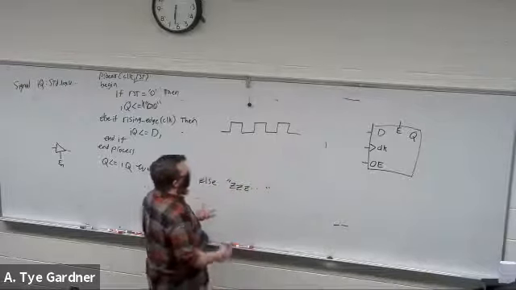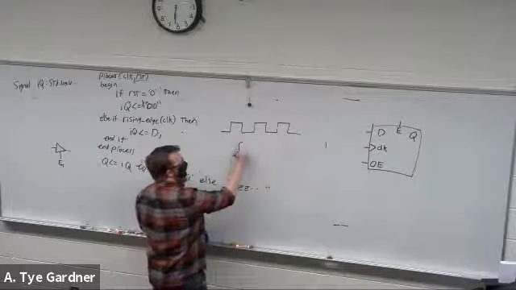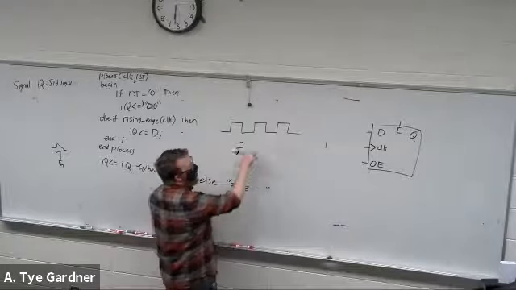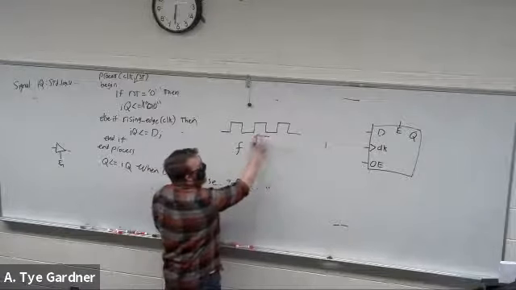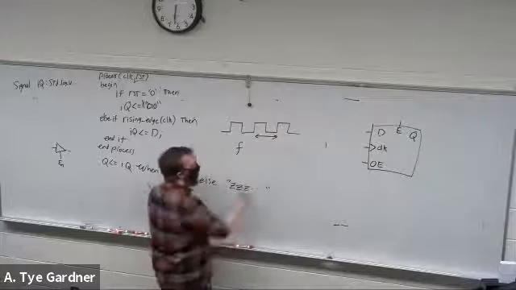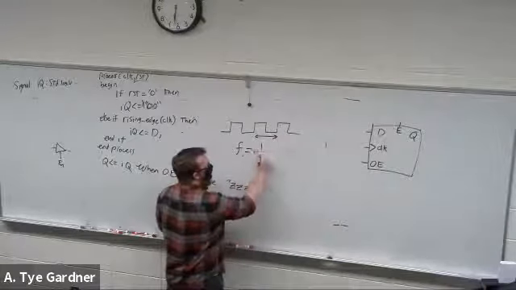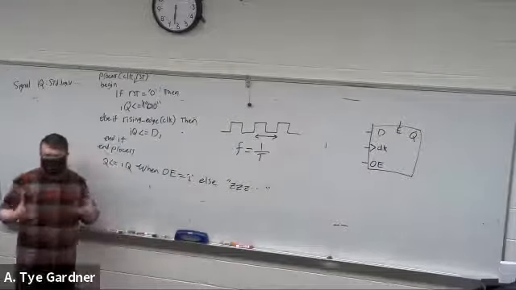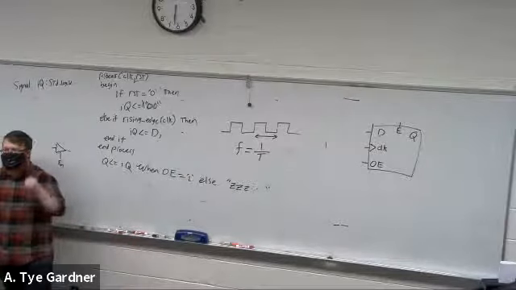Now, frequency, F, is related to the amount of time between two rising edges in an inverse manner. So the frequency is just 1 divided by T, the period.